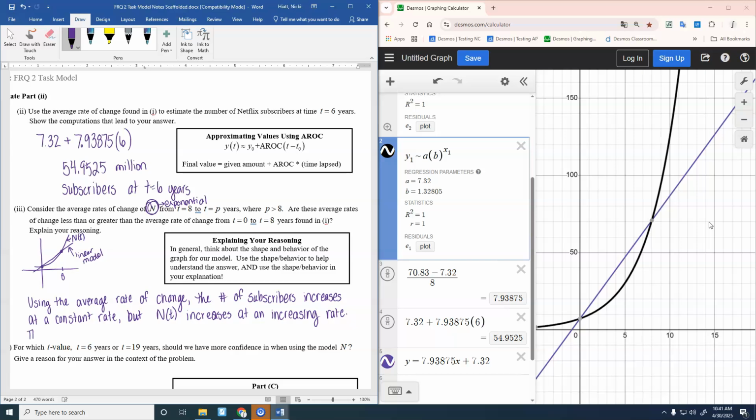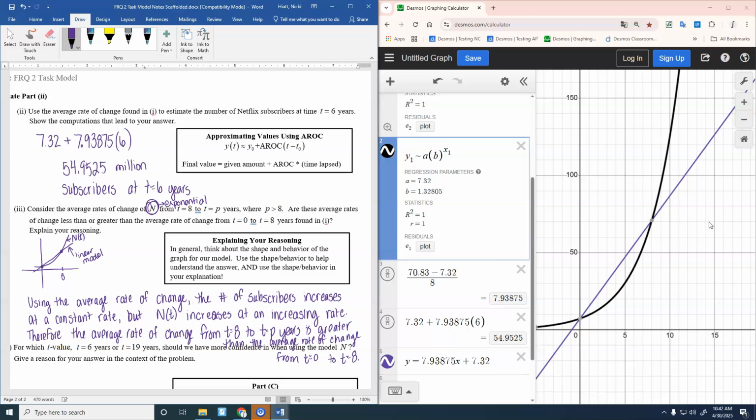So we could say, therefore, the average rate of change from t equals 8 to t equals p years is greater than the average rate of change from t equals 0 to t equals 8.